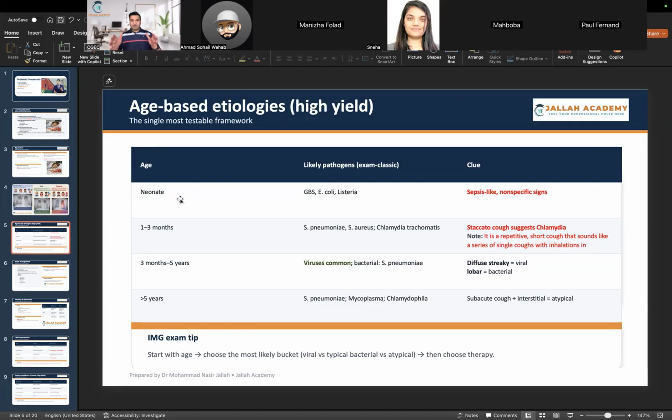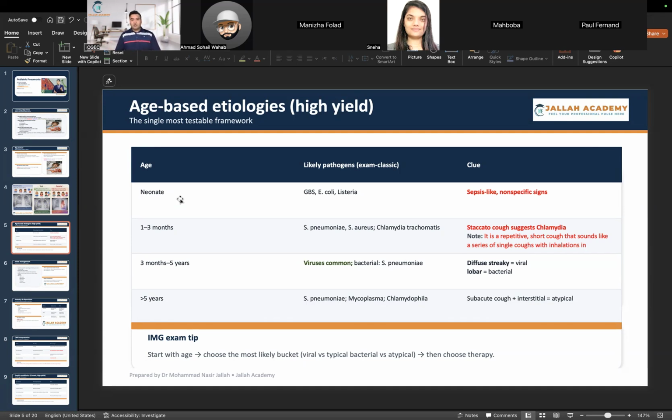Anyone with a fever at this stage has to be admitted. Any neonate less than 28 days old with fever, whether you know the reason or the source of that fever, has to be admitted. That fever is an indication for admission.